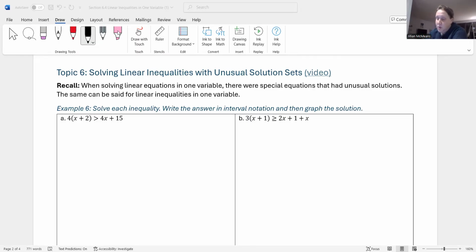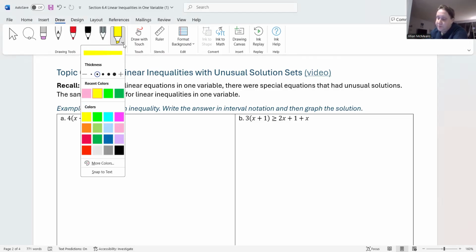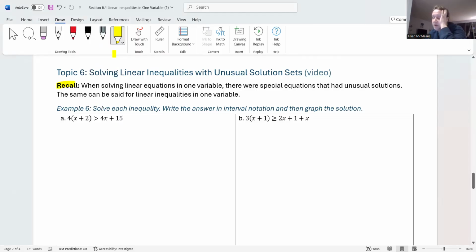So I have just a quick recall statement. Recall when solving linear equations in one variable, there were special equations that had unusual solutions. The same can be said for linear inequalities in one variable. And just to be super clear, those unusual solutions were contradictions that had no solution, or you could have identities that have infinitely many solutions.